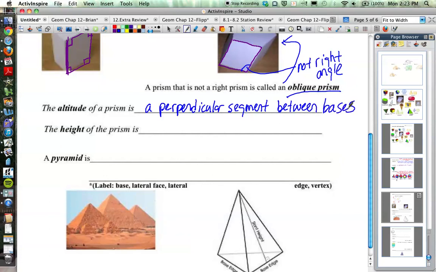And the height, remember altitude and height are very closely intertwined. The altitude is the actual physical segment between the two bases, and the height of the prism is the length of the altitude. Try spelling length correctly here.